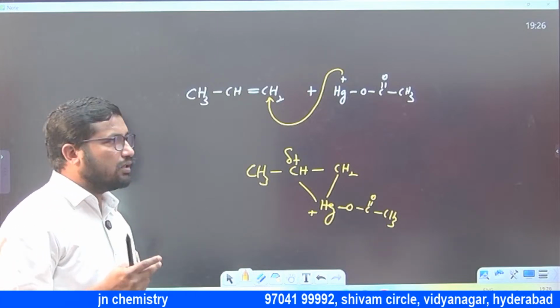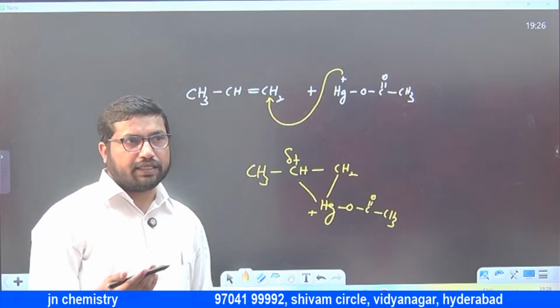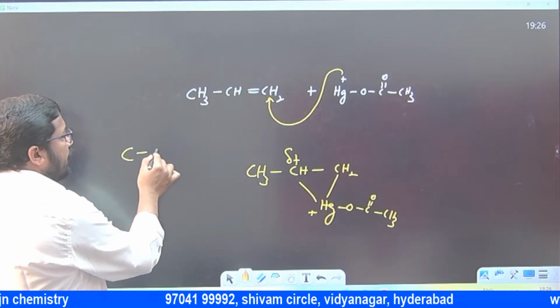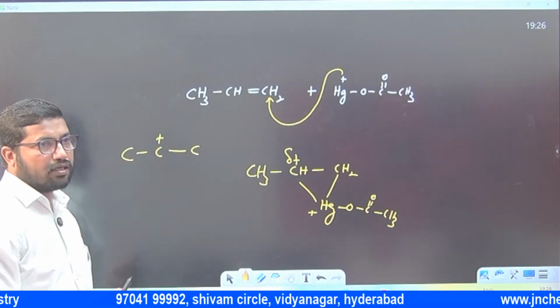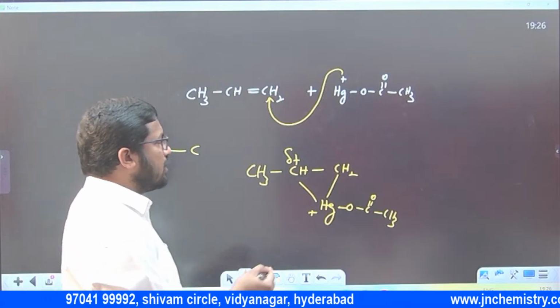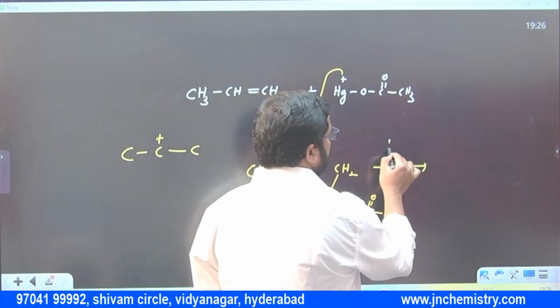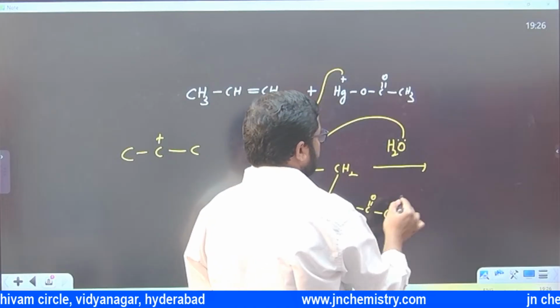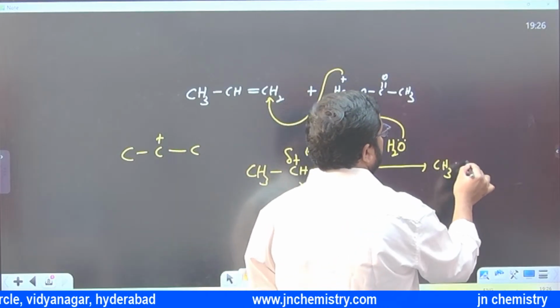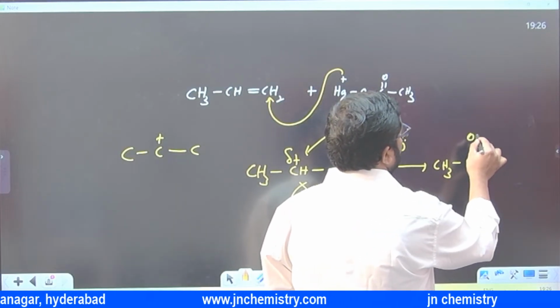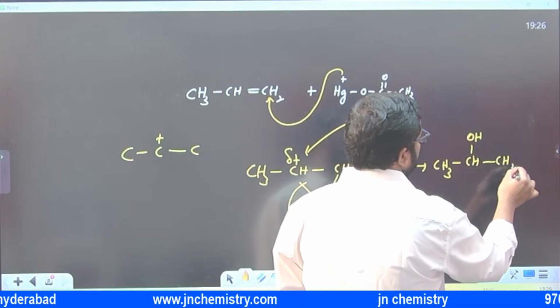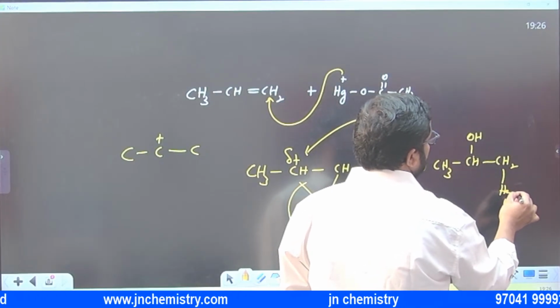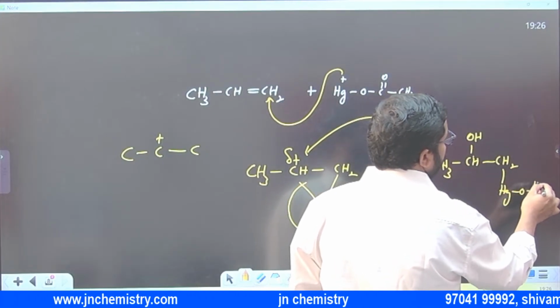Carbocations are of two types. Generally in the case of HBr reaction, a free carbocation is forming, which is a classical carbocation. In this case, it is a non-classical carbocation. Then water comes and attacks, so you can directly write CHOH here, CH2Hg, OC=O CH3.